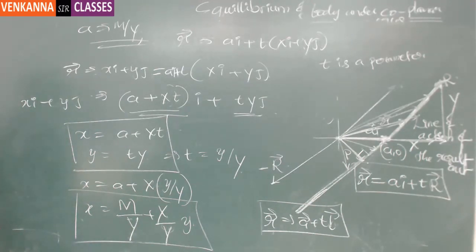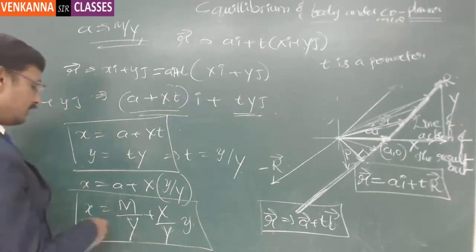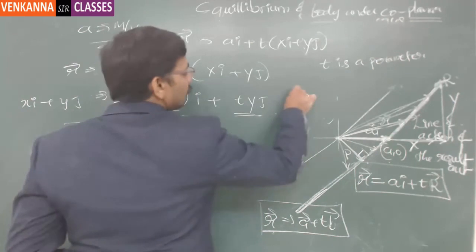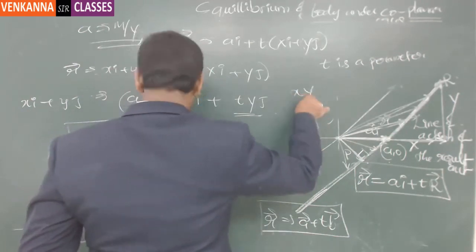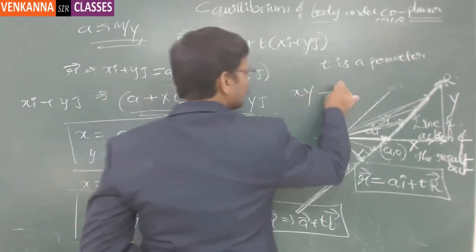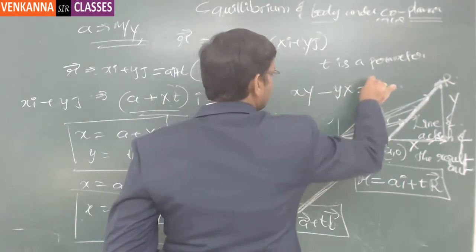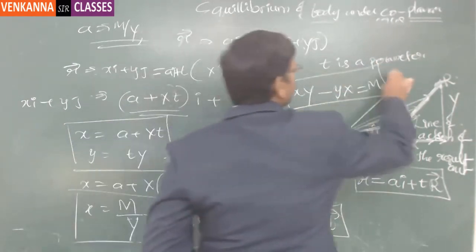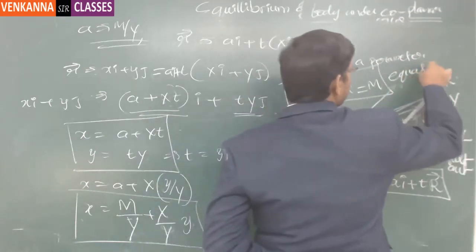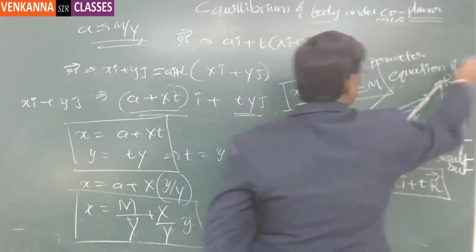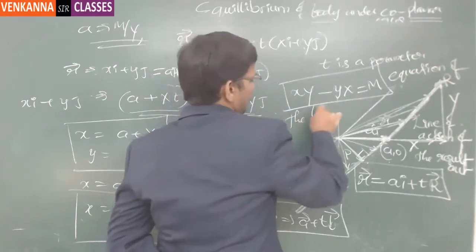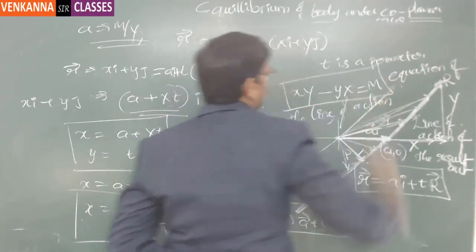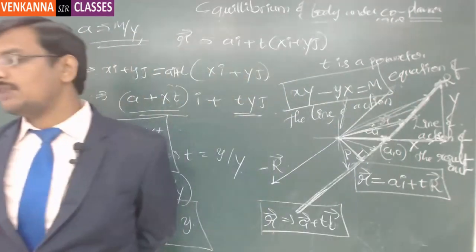Done? So this one you can further simplify also. Small x into capital Y minus small y into capital X is equal to m. This is the equation of the line of action of the forces.